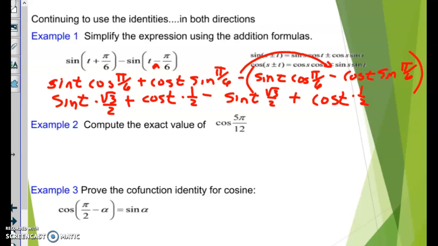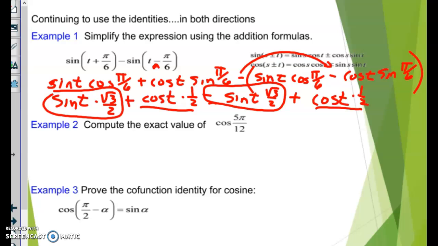And if you notice, we have a sine t root 3 over 2 and a minus sine t root 3 over 2, so they go away. And if I put these together, I get a half of a cosine of t plus another half of a cosine t, which gives me the answer of 1 cosine t.